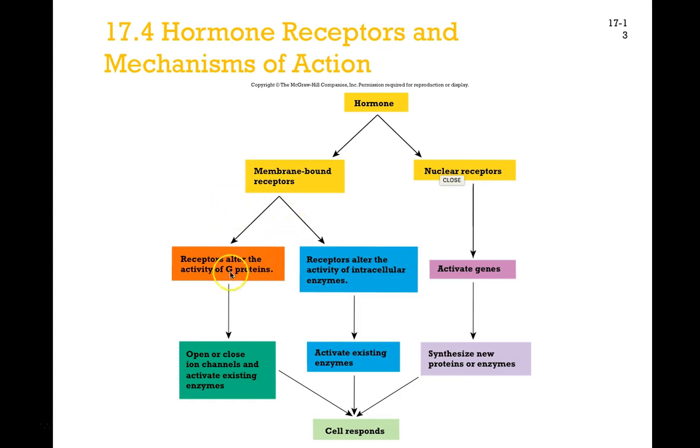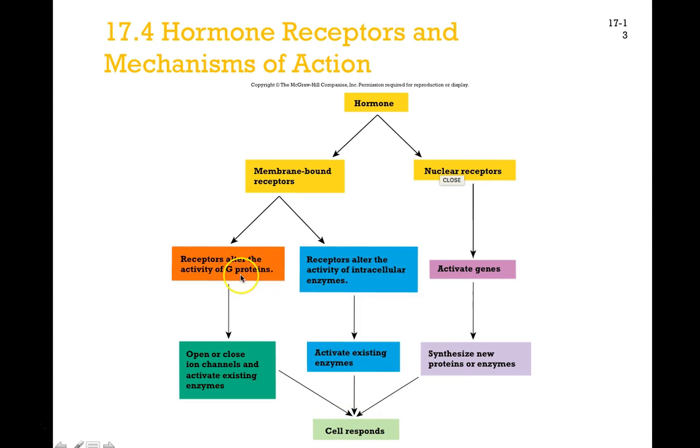Those receptors are going to either alter the activity of G proteins, or we're going to have receptors that will alter the activity of intracellular enzymes. If we go this route, we will activate existing enzymes and get the cell to respond.